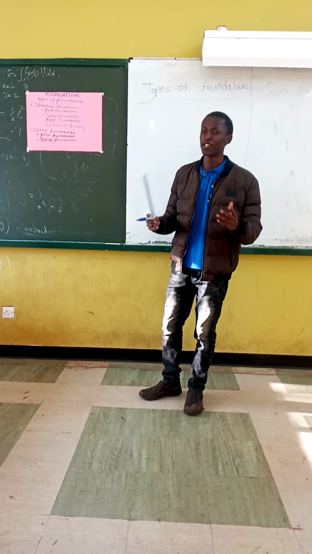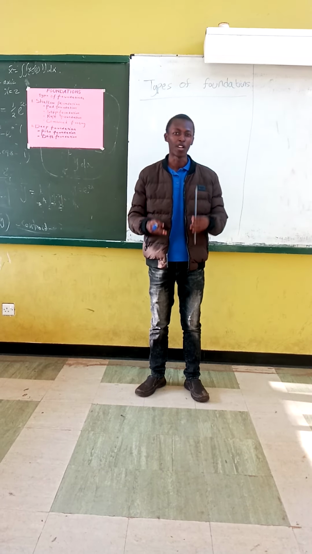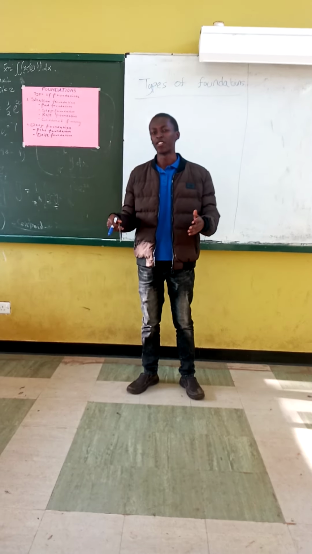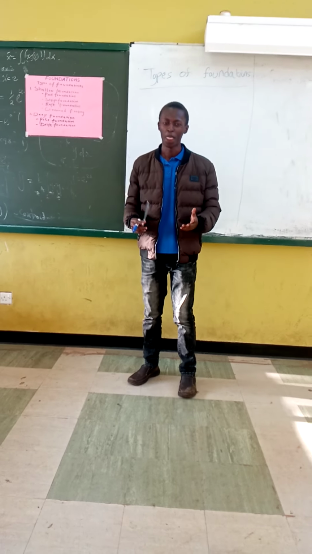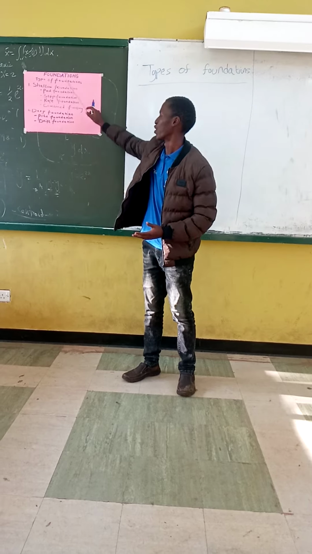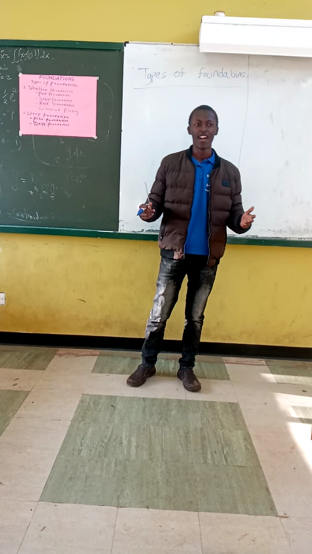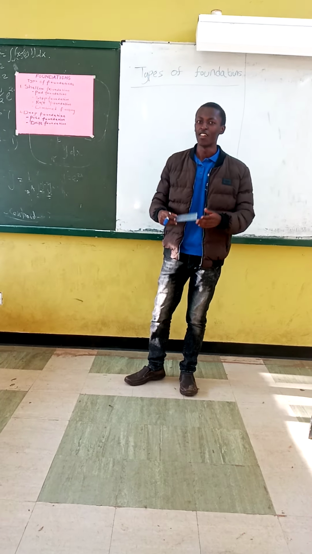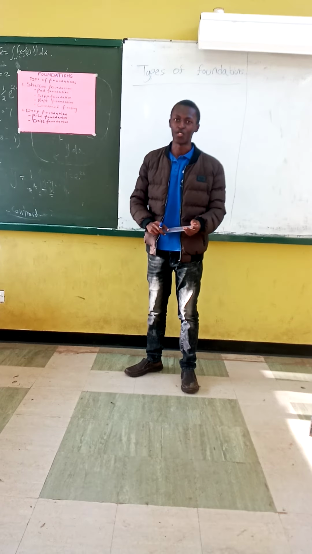For example, when you're putting up a one-story building, there's no need of excavating so much to have a very huge foundation, so we prefer the shallow foundation. In cases where you are putting up a very huge building, maybe up to 16, 17 floors, we can consider a deep foundation.